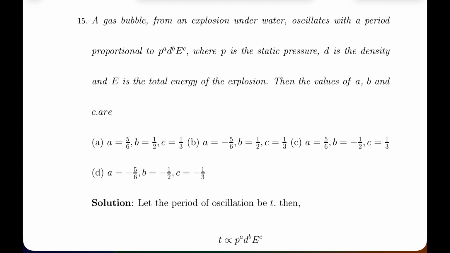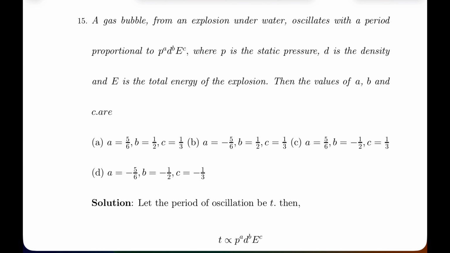Next, a gas bubble from an explosion underwater oscillates with a period proportional to P to the power a, D to the power b, E to the power c, where P is the static pressure, D is the density, and E is the total energy of explosion. Then you have to find the value of a, b, and c.